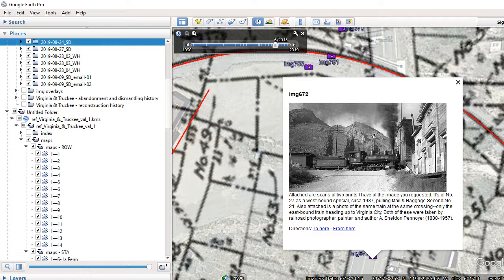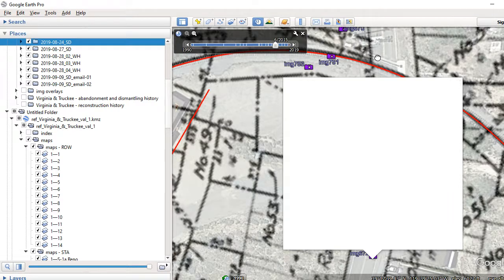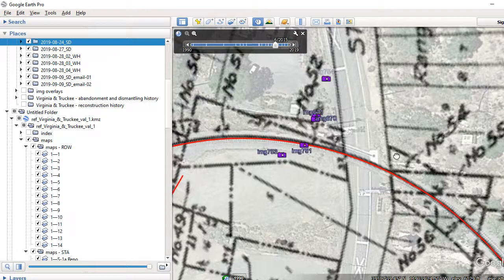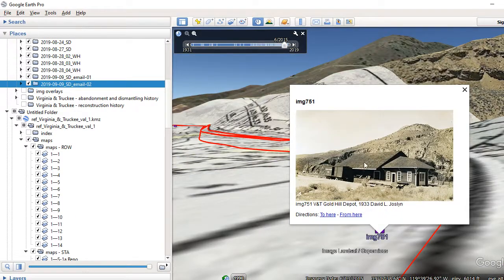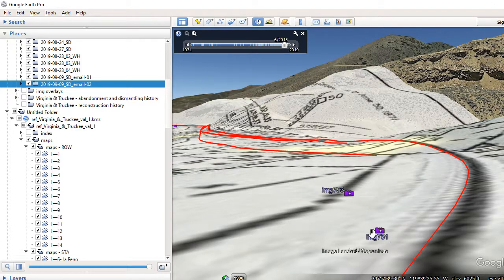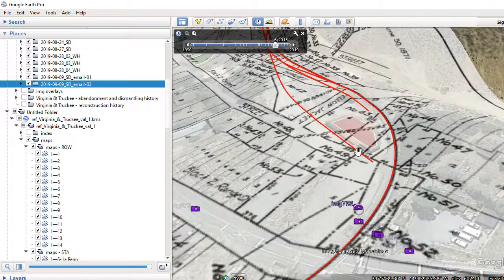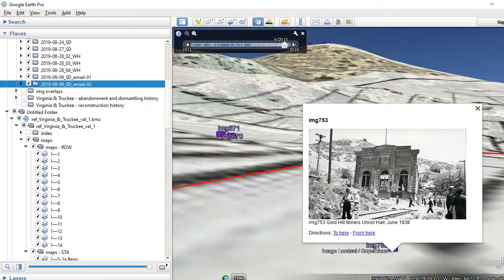Here we are looking northward up the steep hill at it. There's the mining hall right there, and there's the tracks. So we're standing here. The mining hall then is about here. Whoops, that's not the mining hall, but okay, you can see that the photographer was standing about here looking at the depot. This one's the mining hall.